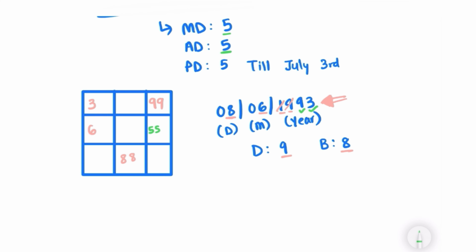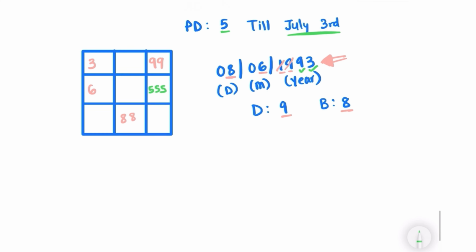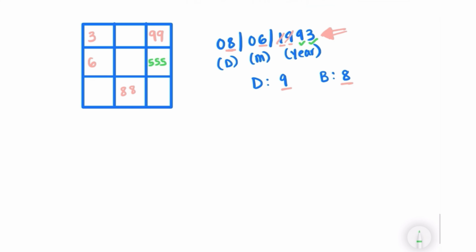And Pratyantardasha till July 3rd is also 5. So triple 5. While making predictions, it does make a difference what number is in my grid, because if I have 555, that means there's high Mercury energy, and sometimes double numbers and triple numbers and even more than that are not good.